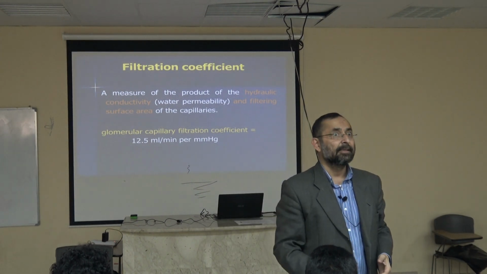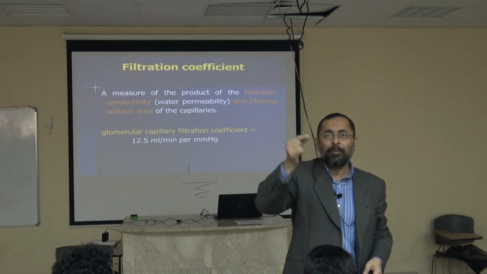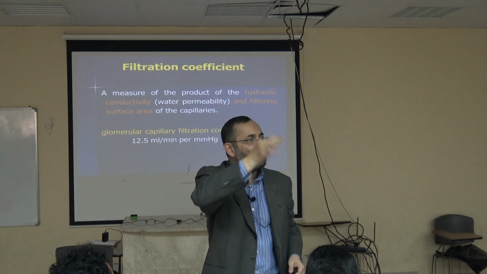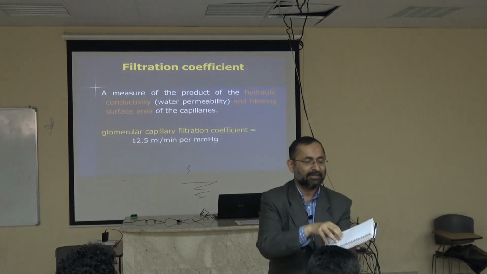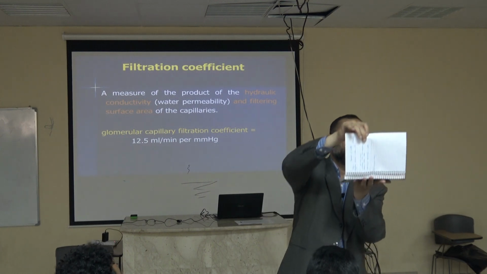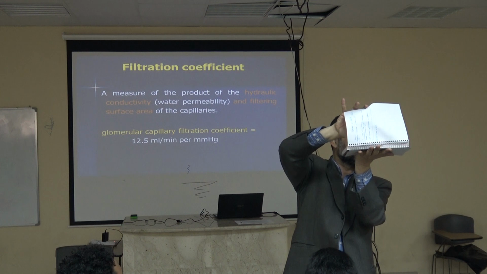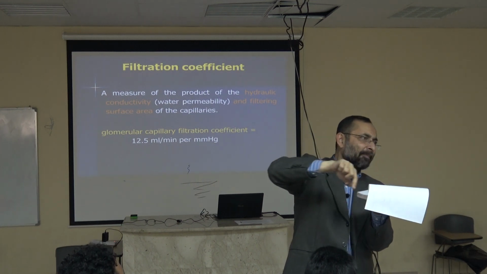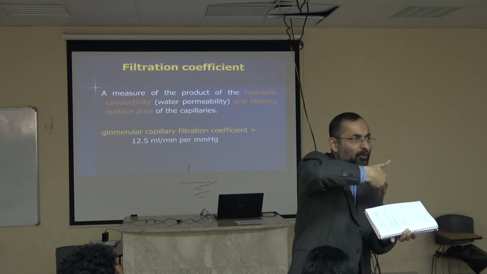Second factor is the permeability, okay? How many pores are present, how many permeable areas are there in the capillary? Now if this is a capillary, you can see the holes here. Can you see the small holes here in the page? If many holes are present here, the fluid will pass through these holes.